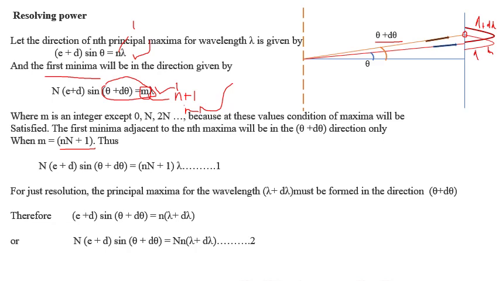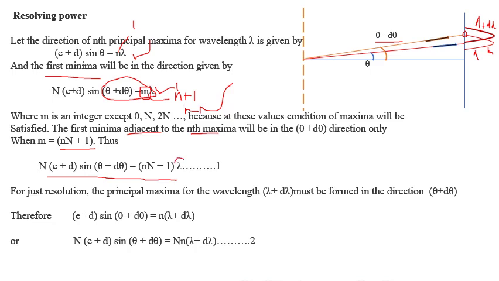So what is the position of the adjacent minima of the nth maxima? After nN, the next value is nN plus 1. So instead of writing m, we are writing nN plus 1. This is my equation for the position of minima for lambda.